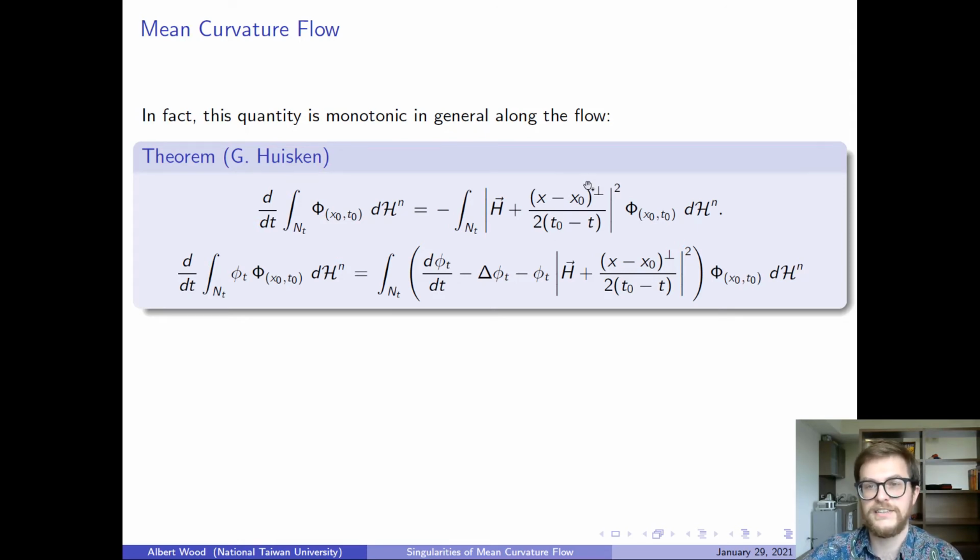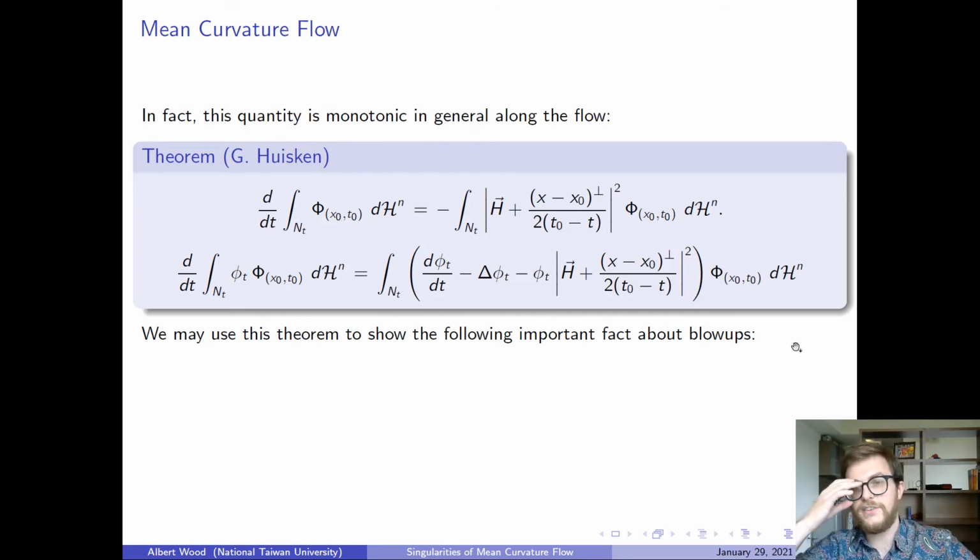If x0 and t0 were both 0 here, we have the equation for a self-shrinker that I showed you earlier. There's also a version of the Huisken monotonicity formula where we plug in a function here, and we just get the heat equation on the function on the right-hand side as well. So we still get a monotonicity as long as we have here a subsolution to the heat equation as our phi, and that will come in useful later as well.